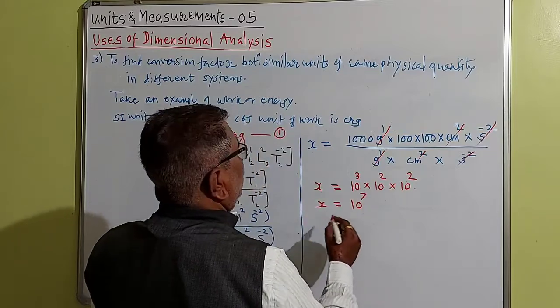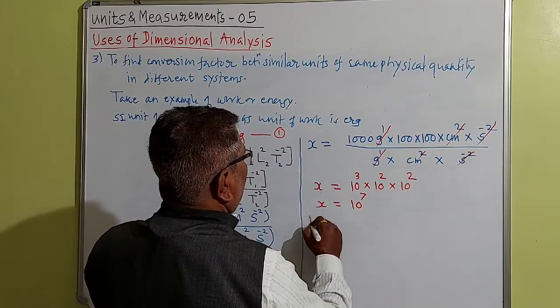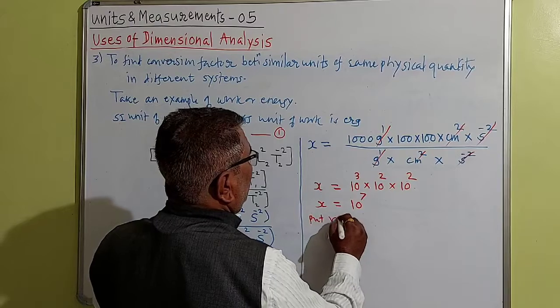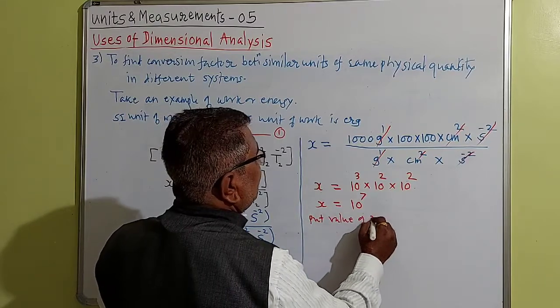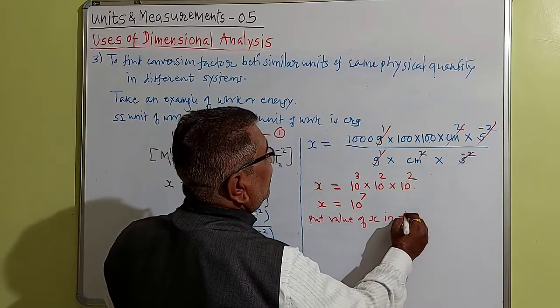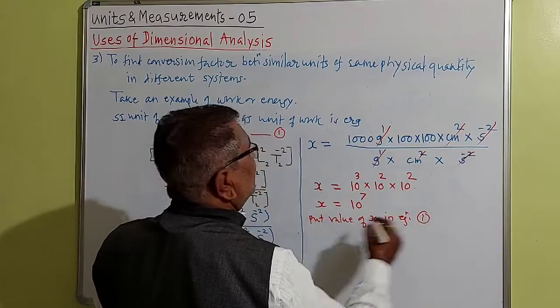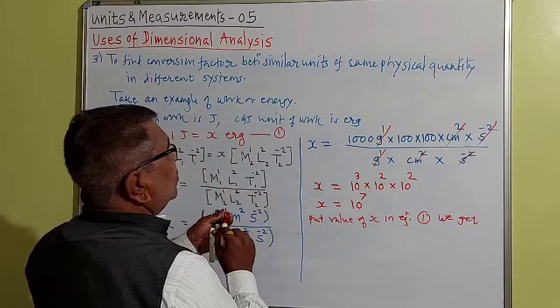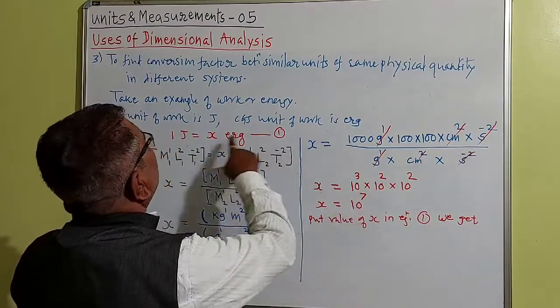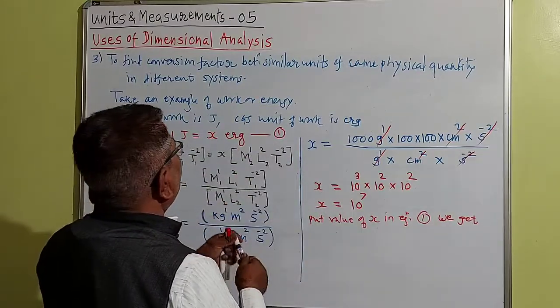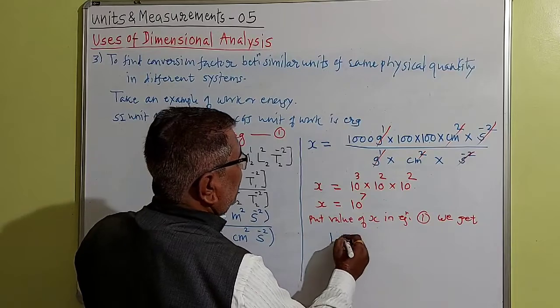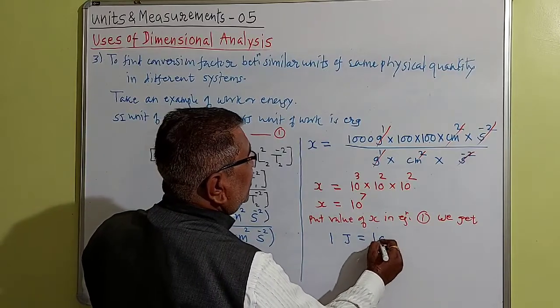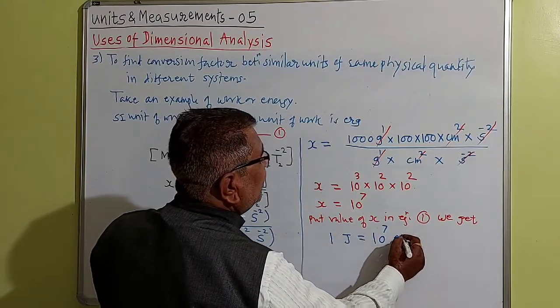Put the value of X in equation 1, putting X is equal to 10 raised to 7, we get 1 joule is equal to 10 raised to 7 erg.